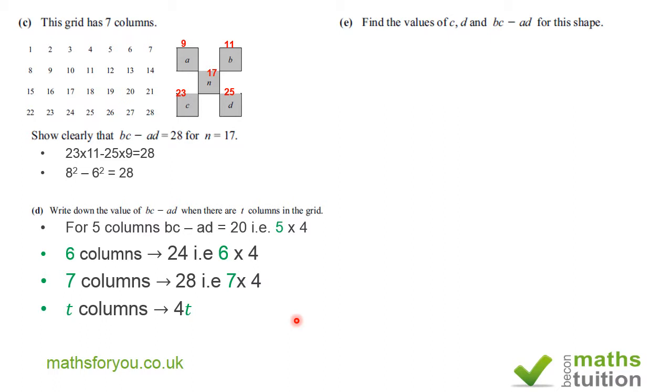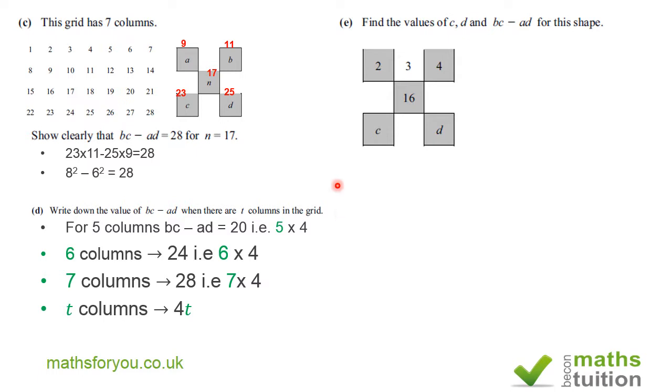Now, find the values of CD and BC minus AD for this shape. So we know AB, we don't know C and D. If you have a look at the n equal to 17 shape we just did, immediately below 17 we got 24, and you get 24 by saying 17 plus 7.